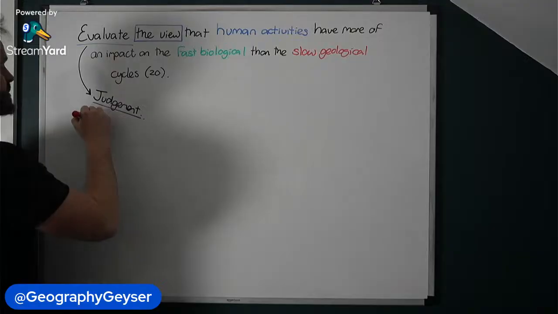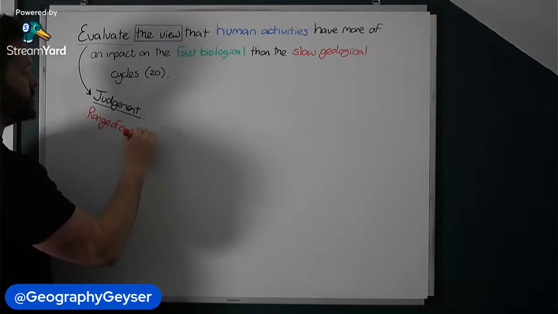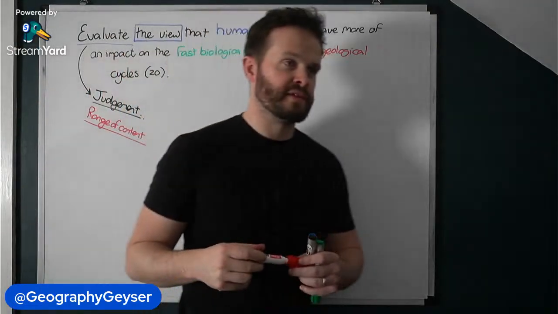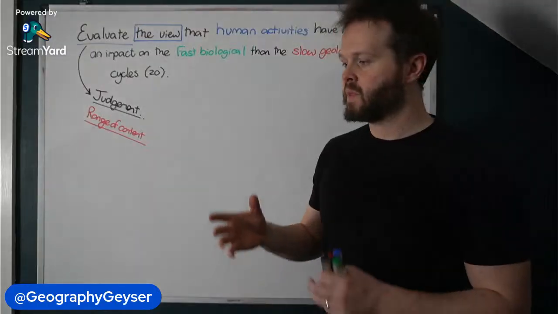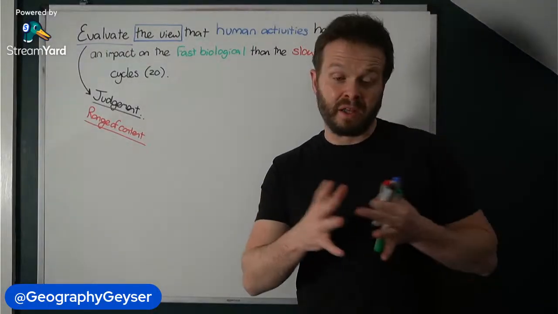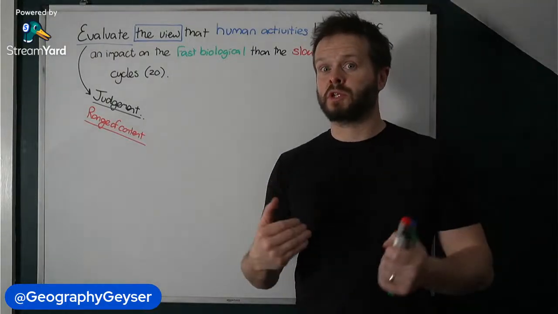They're also expecting you to use a range of content as well. These are normally the questions that separate out students in terms of their grade boundaries. Questions before this are usually very much knowledge-based, bar the 12 markers. So your 20 markers is your opportunity to really show off what you've got.